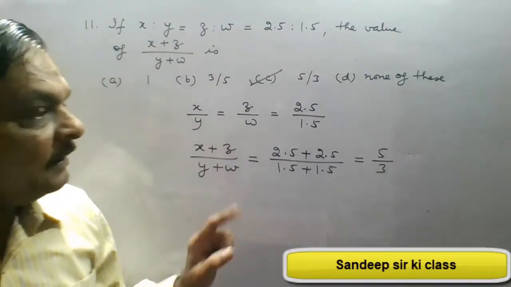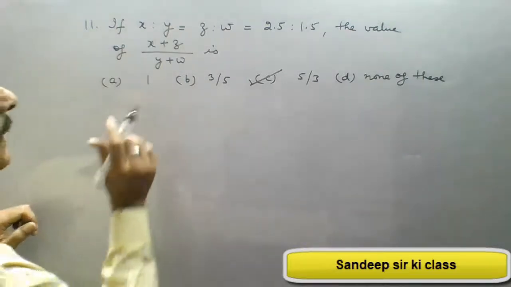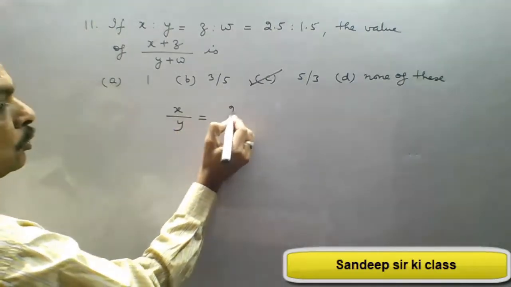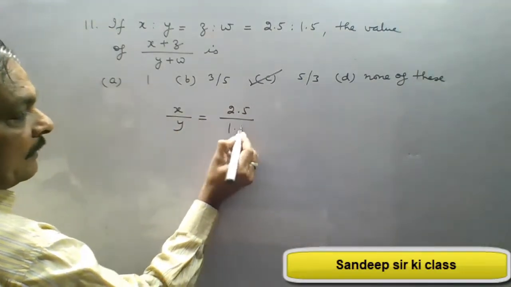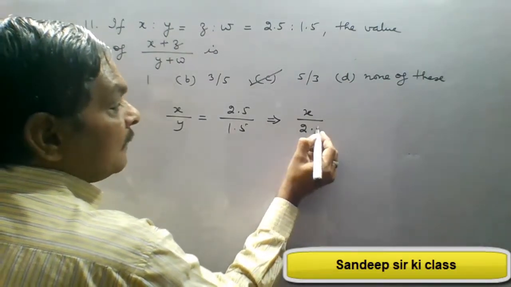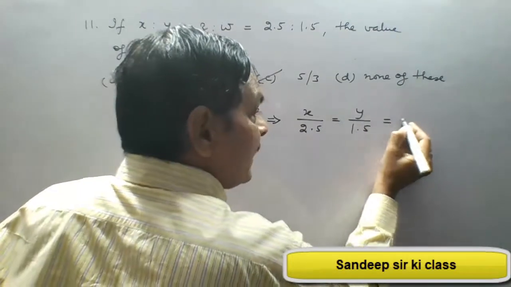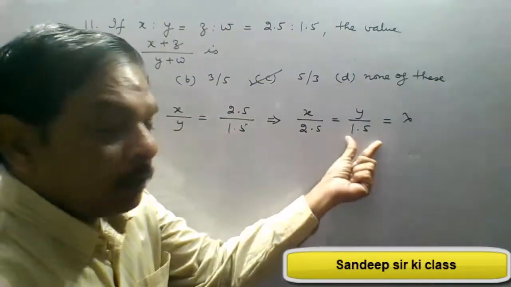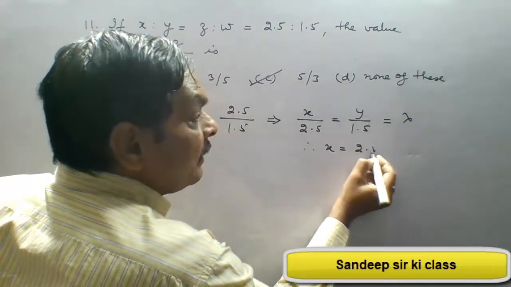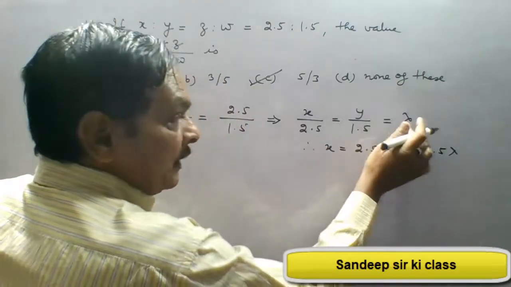Now, why we have done it, we will see and we will understand the concept behind it. See, we have been given X upon Y is equal to 2.5 upon 1.5. This means that X upon 2.5 is equal to Y upon 1.5, and we assume it as lambda. Let each ratio be equal to lambda, means X can be written as 2.5 lambda and Y can be written as 1.5 lambda, by cross multiplication.